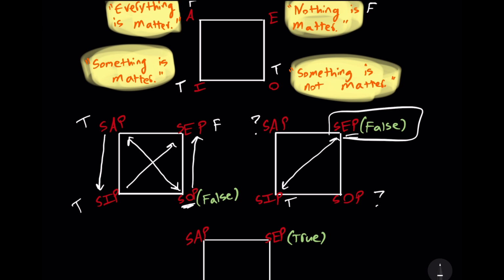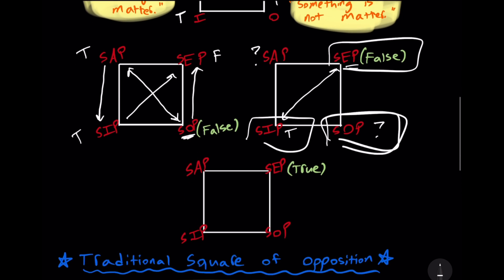Moreover, just because SEP is false, SOP is left open. Just because SIP is true, SOP is left open. All we know for a fact, given that SEP is false, is that SIP must be true, and SAP and SOP, we just don't know.